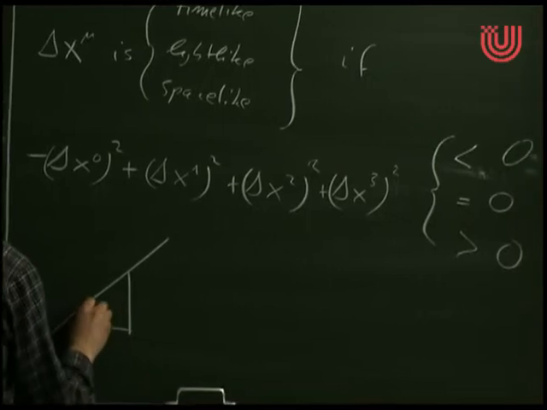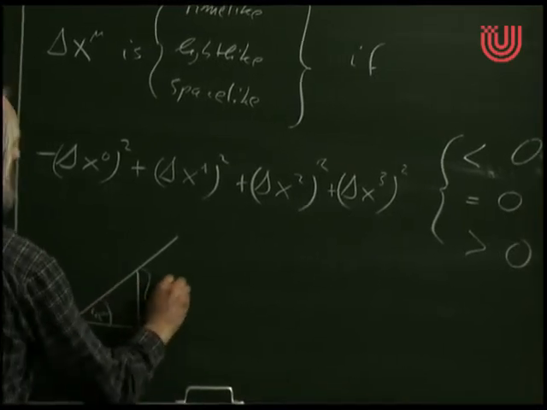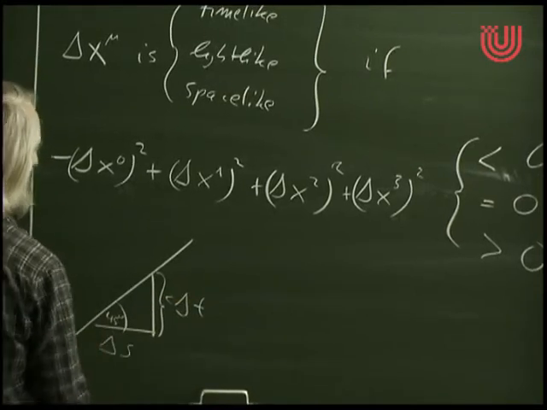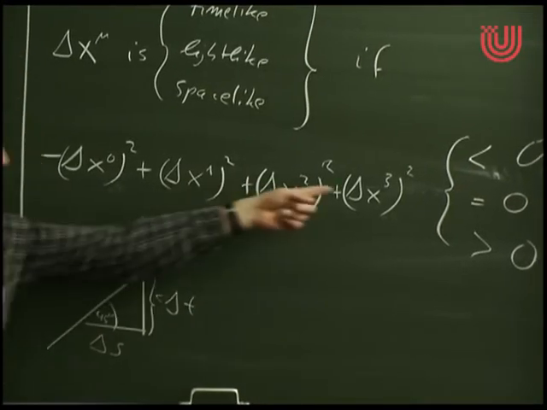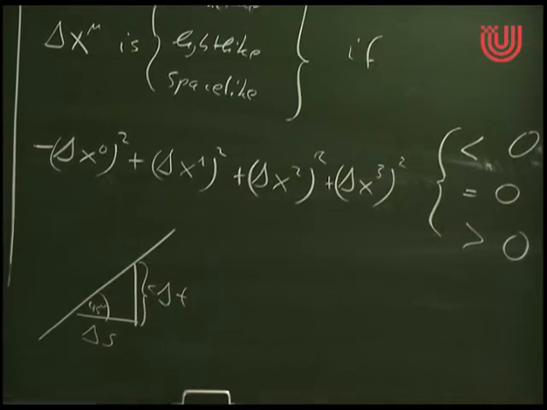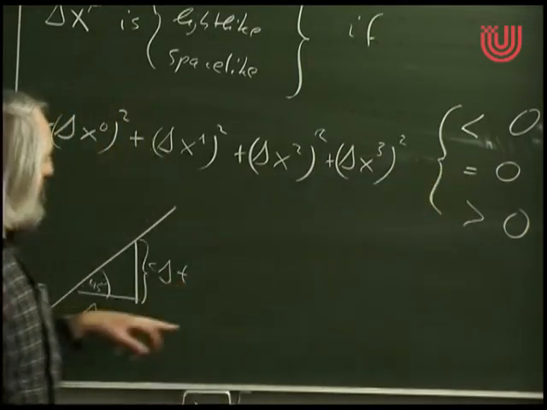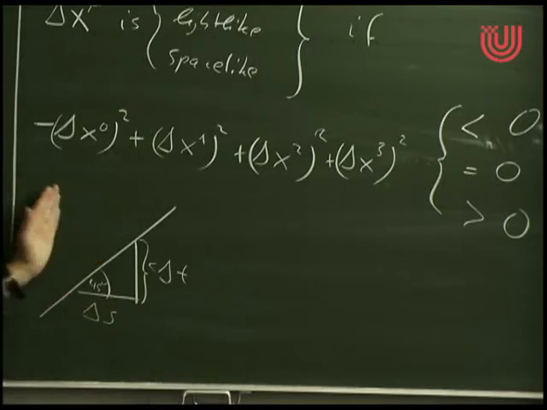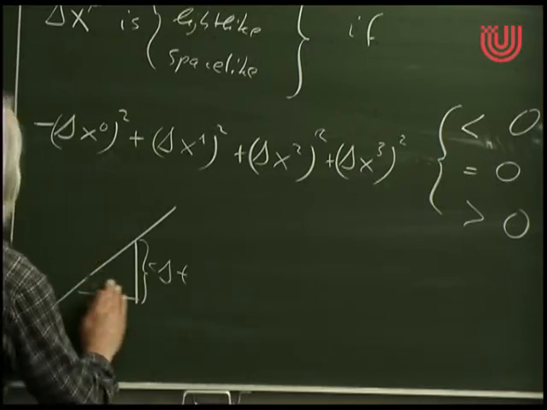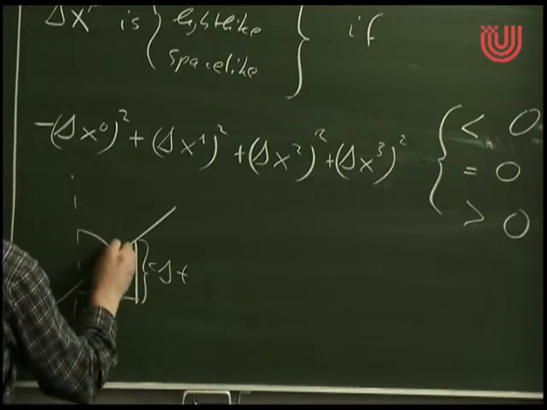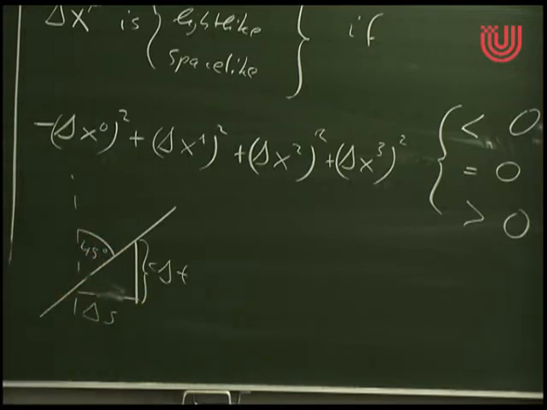So then I have 45 degrees here. If this delta c times delta t is the same as this delta x, which is the square root of this thing, then I must have the 0. I usually talked about this angle here, which is in this case the same. That's what I called alpha.